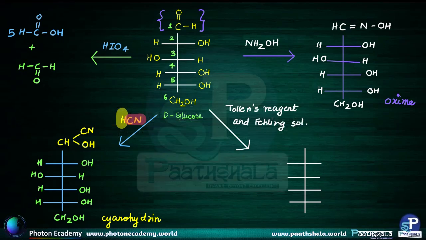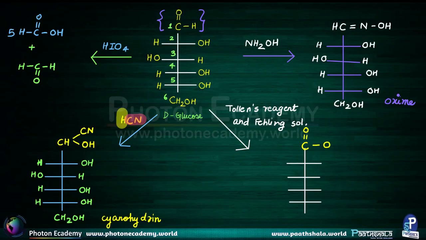These two reagents are nothing but oxidizing agents, so they'll oxidize our aldehydic group, and we get C double bond O, which was already present, and in place of hydrogen we have an O negative, and the rest of the glucose looks exactly the same.